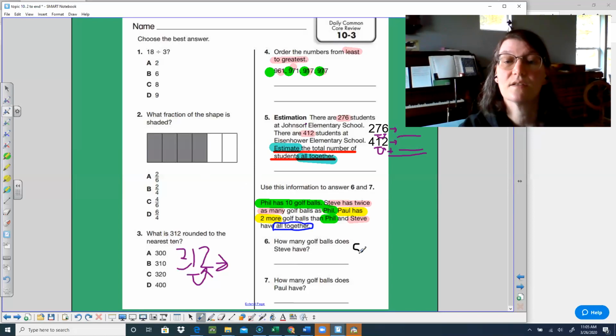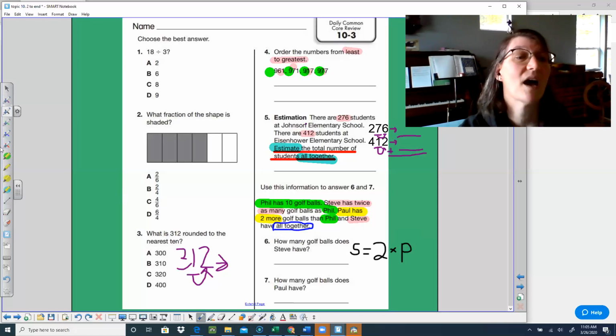Steve, S, that's supposed to be an S this time, equals twice as many. So that means I need to multiply 2 times Phil. So I'm going to be multiplying by Phil.